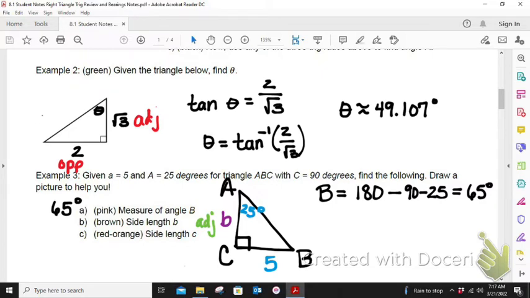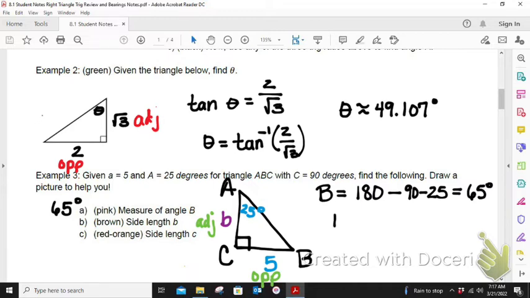And I know 5. And what is 5? That's opposite. Okay, so what ratio am I going to use? Sine, cosine, or tangent? If I know opposite and adjacent, what ratio would I use? Tangent.